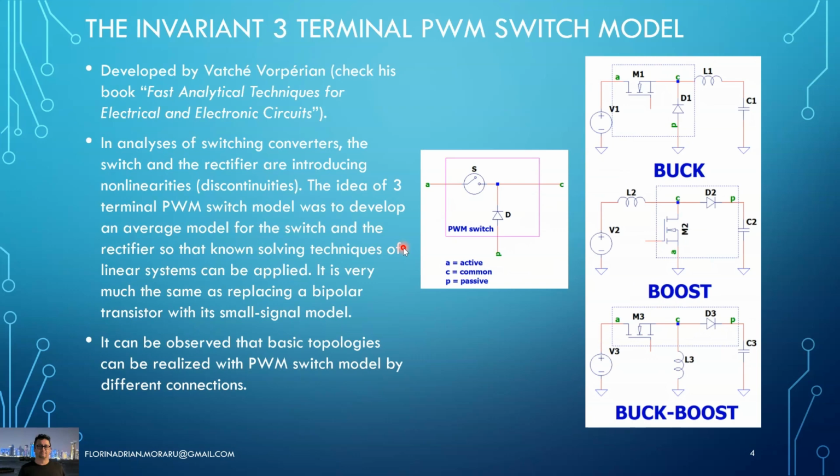And the basic idea was to generate an average model and to replace this switching network, identified here, for instance, by the MOSFET M1 and the freewheeling diode D1, with this average model so that the system can be linearized, and then the standard solving techniques of linear time invariant systems can be applied.